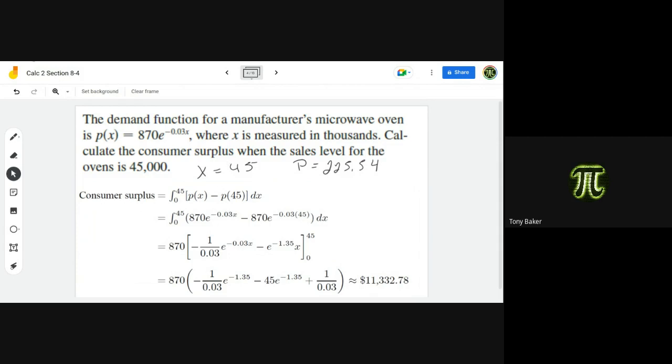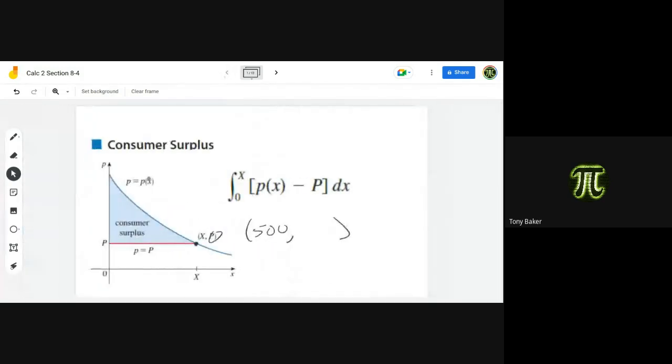As a manufacturer, you would want to minimize consumer surplus. Yeah, you want to minimize it, but you can't ever eliminate it. If we look at that first graph, I know this is just a simple one, but I could technically sell one thing for $1 million.